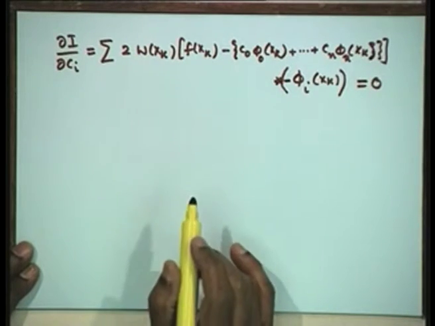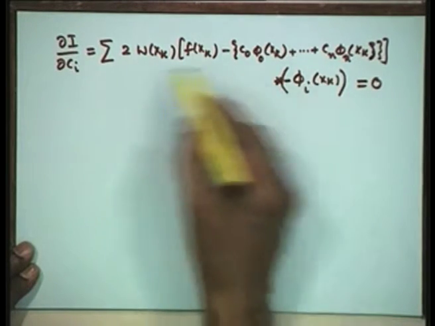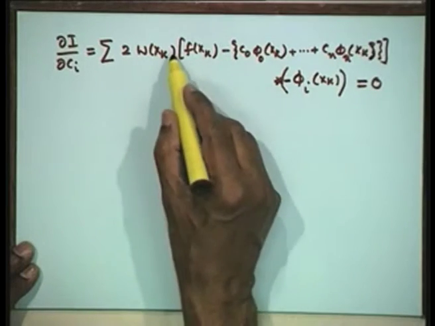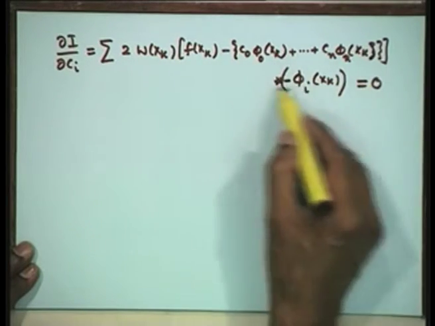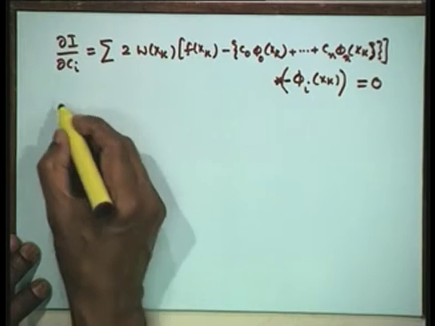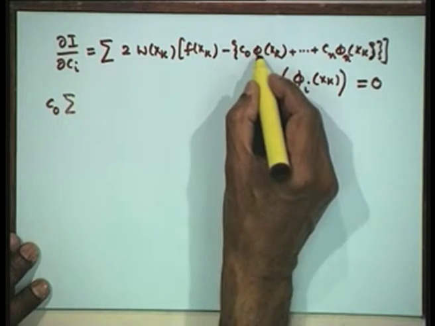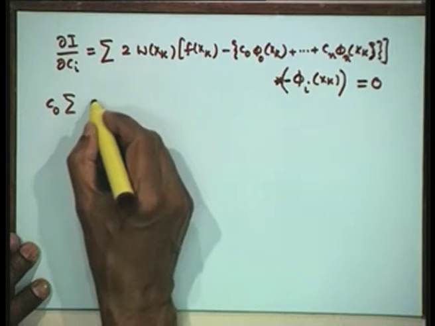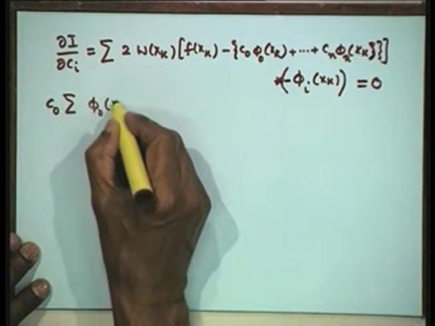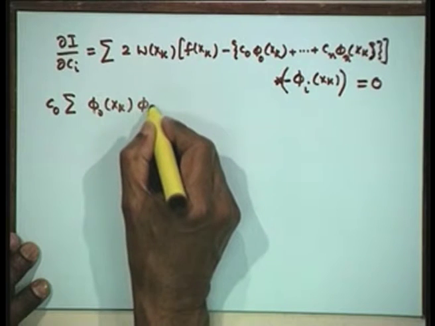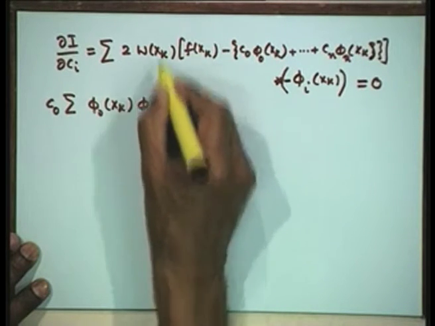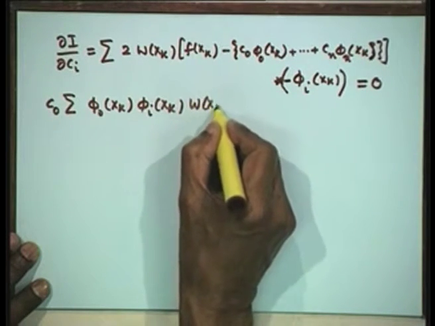Now, let us simplify this equation. We cancel 2 and then take this term to the right hand side. So, I will retain this on the left hand side. Therefore, this will give us C 0 summation phi 0 x k phi i x k, and of course, w x k is also there.